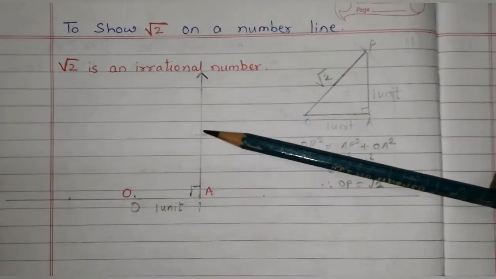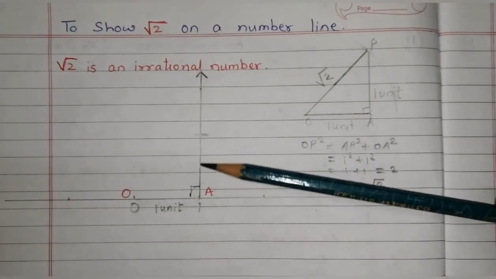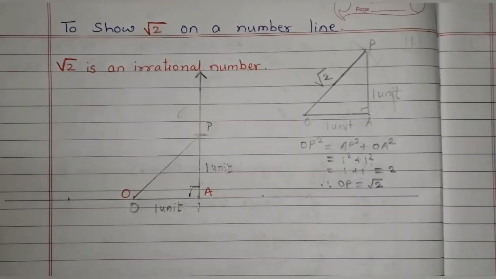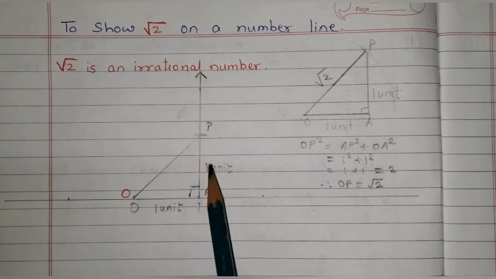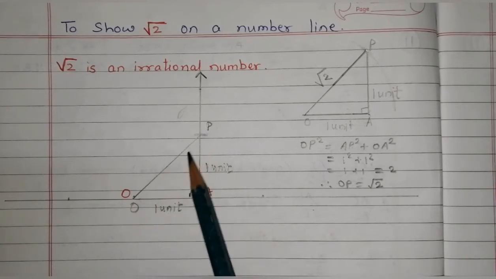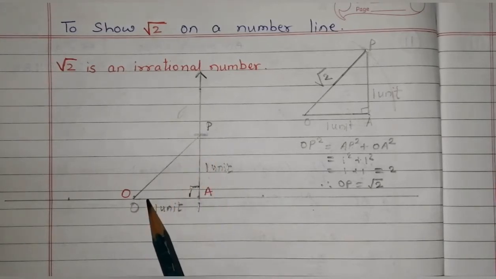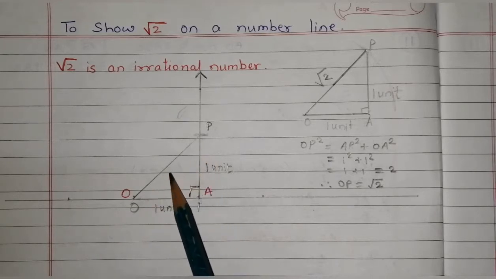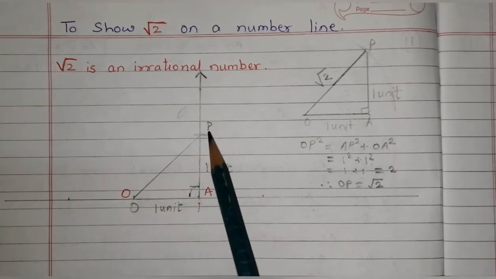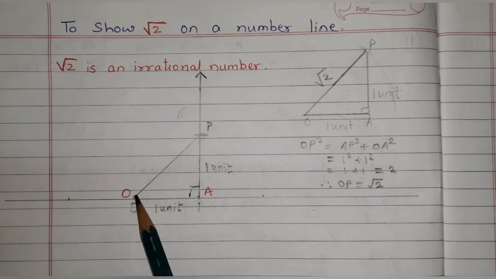So from A to this is 1 unit. OA is 1 unit, AP is 1 unit. If we join OP, it is the hypotenuse of triangle OPA.